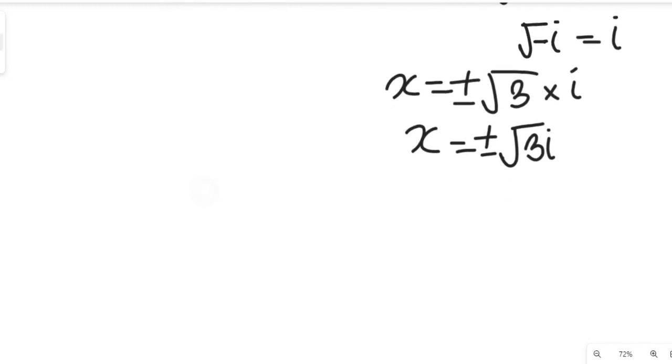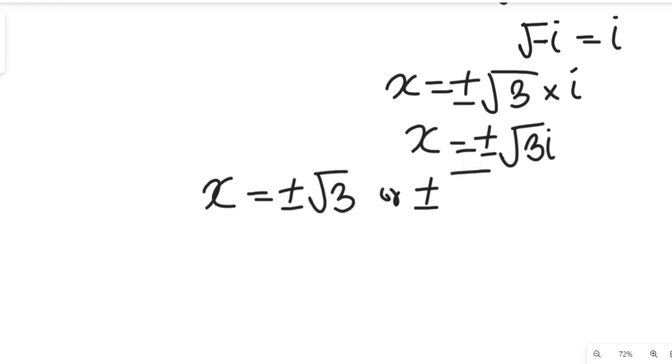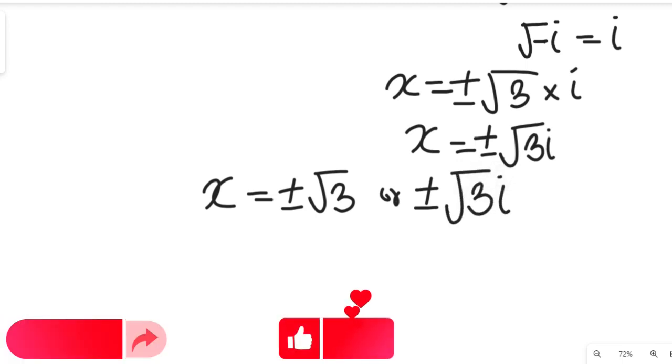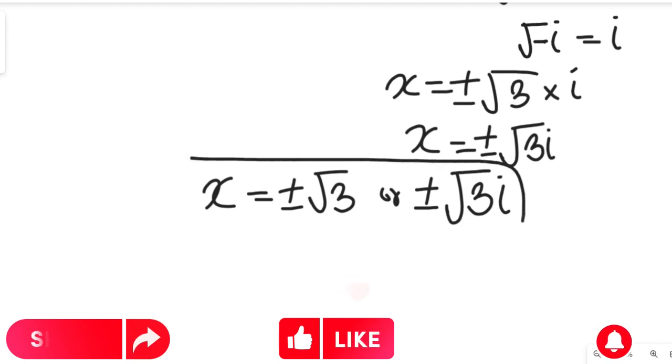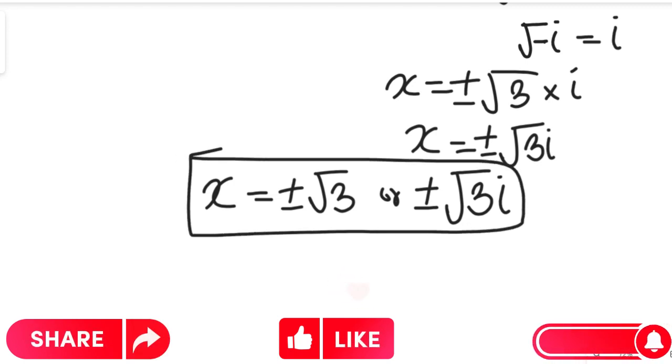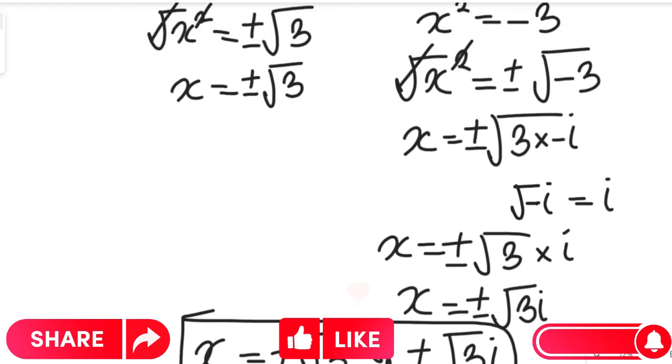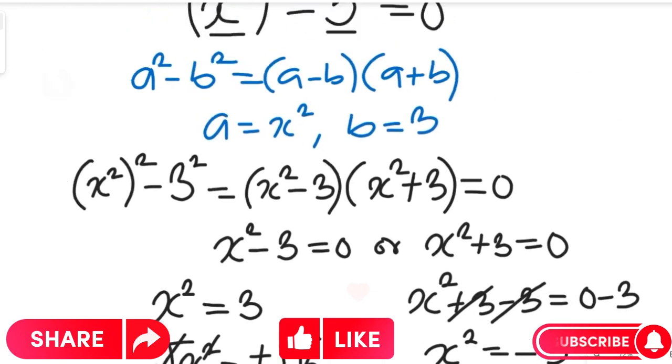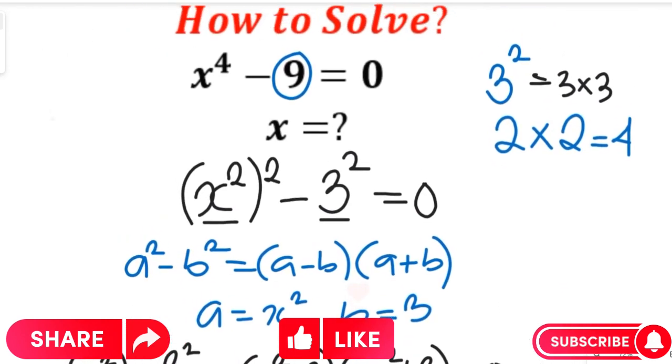Our x is equal to plus or minus square root of 3, or our x can be equal to plus or minus the imaginary part of that solution, square root of 3 j. So these are the solutions of x that satisfy the equation we have high up there.